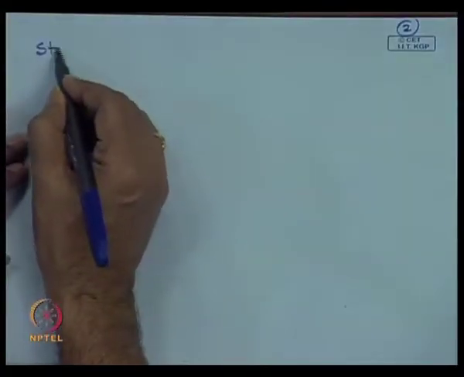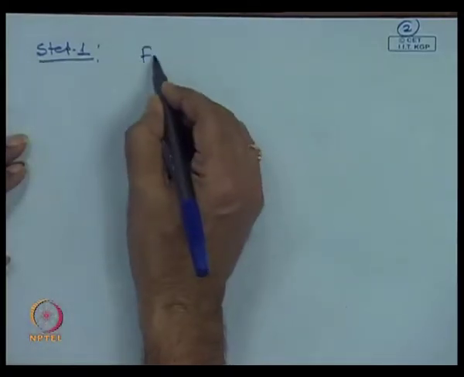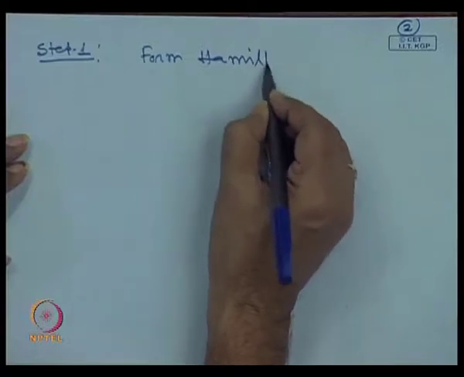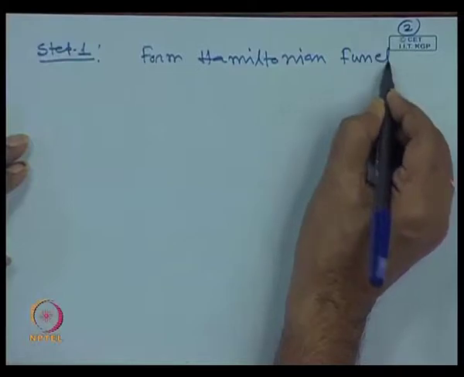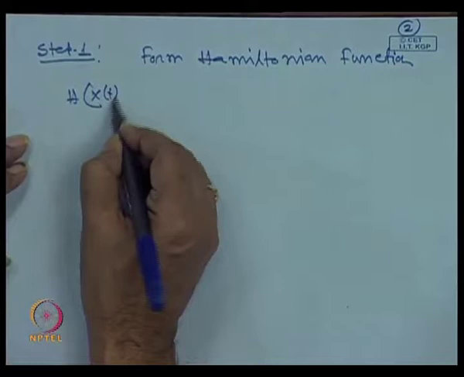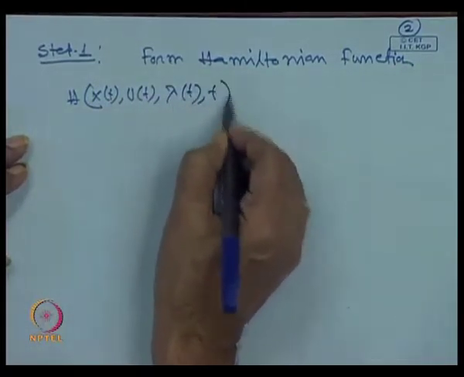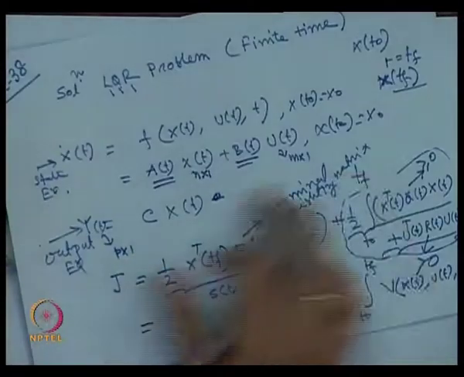So, let us see what our Hamiltonian function is. We know at this moment how to generate or form the Hamiltonian function. H is a function of x of t, u of t, lambda of t and t, and it involves our original system equation x dot is equal to A x plus B u.